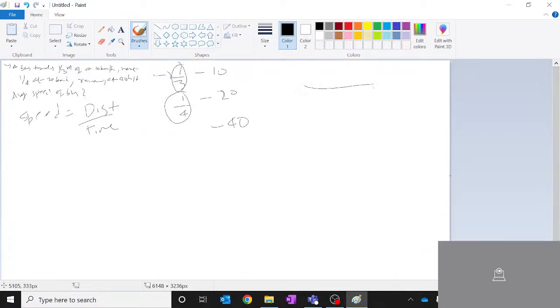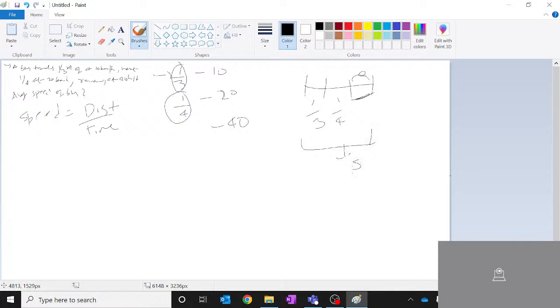If this is one third and this is one fourth, what will be the remaining part? Let's assume the total is S.